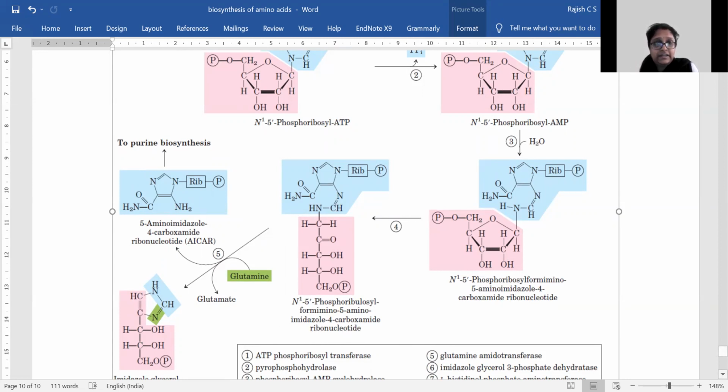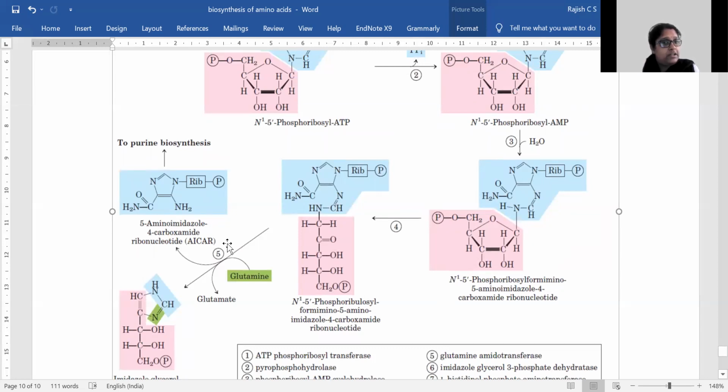Now over here, there is an amidotransferase reaction happening. Nitrogen from the glutamine is getting transferred to this ring structure in such a way that only one CHNH will remain with the ribose phosphate, and the ribonucleotide as such will be removed, and that can be taken for purine biosynthesis.